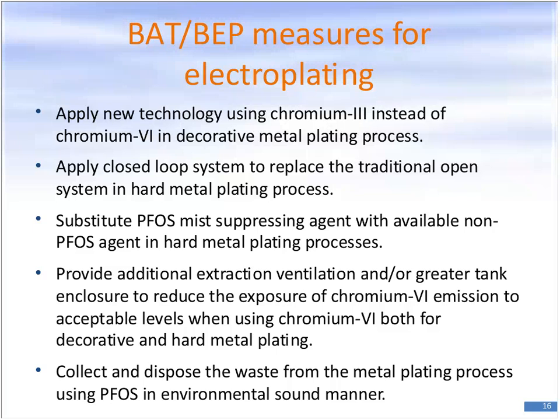One of them relates to changing technology, using chromium 3 instead of chromium 6, applying closed loop systems, for example, substituting PFOS mist suppressing agent with available non-PFOS agents, for example, providing additional ventilation or greater tank enclosure to reduce exposure to chromium 6, and of course, as usual, last but not least, the collection and disposal of the waste from these processes really needs to be done in an environmentally sound manner.